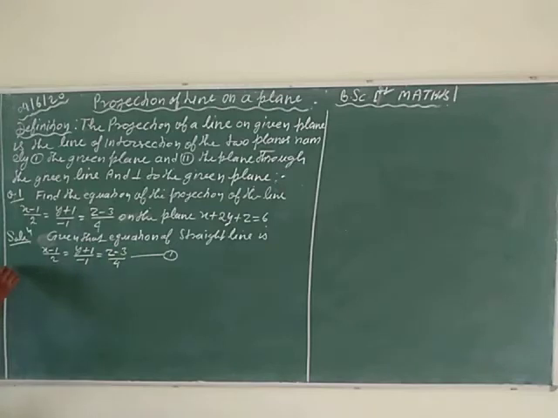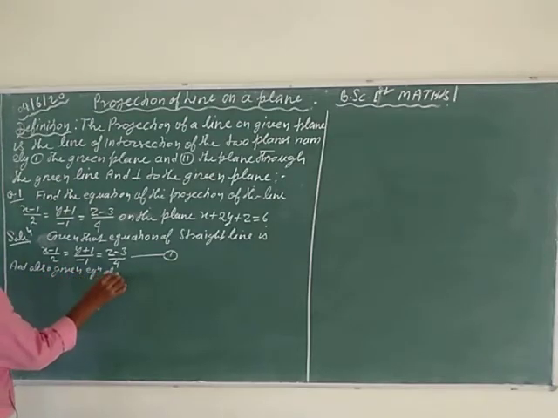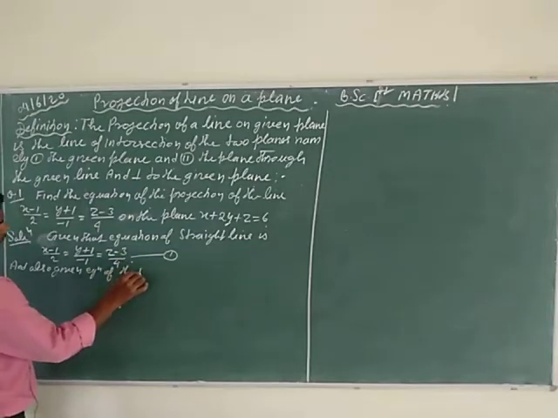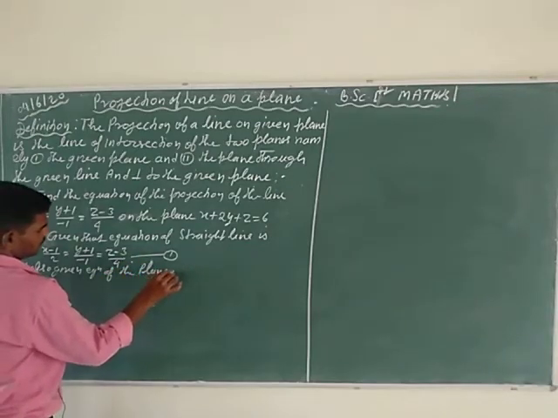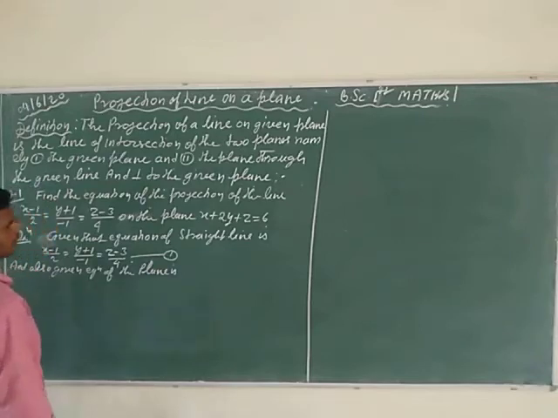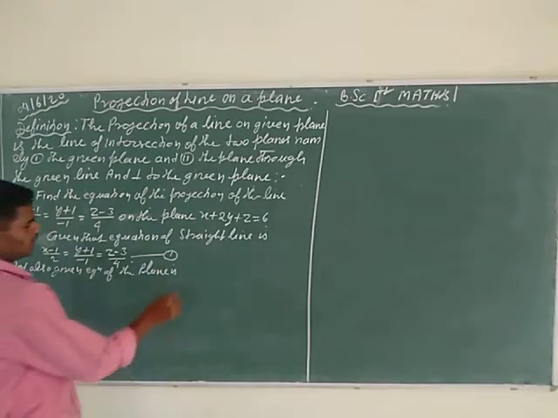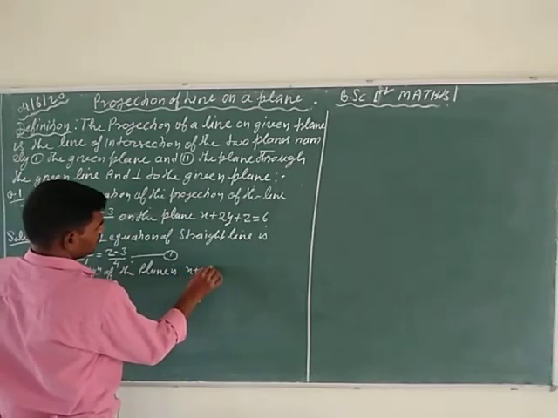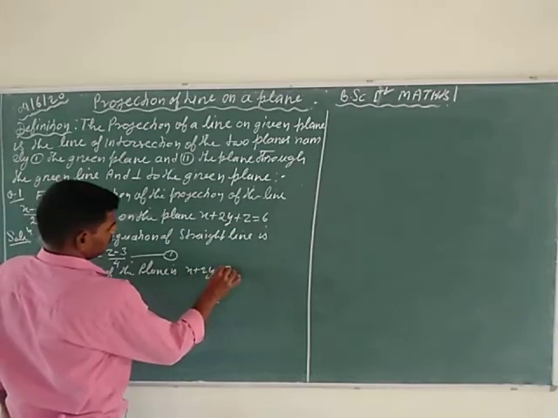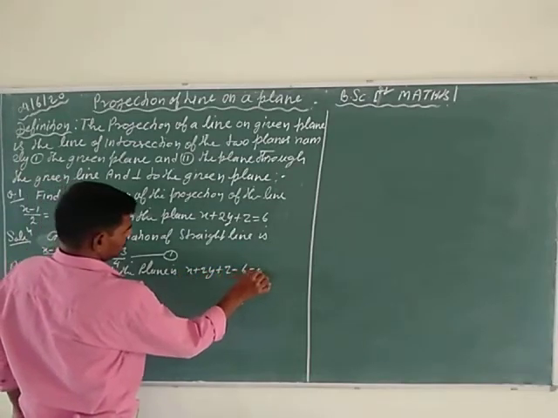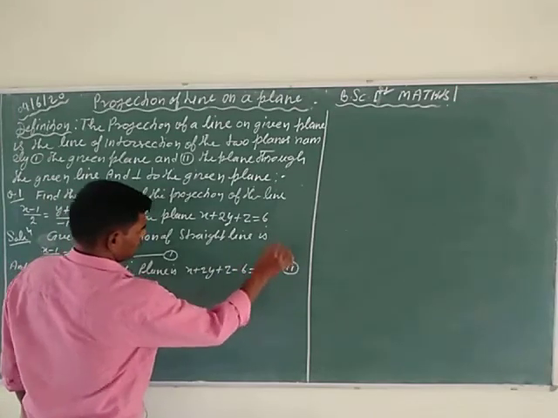and it is also given the equation of the plane. Here in the question the given equation of the plane is x plus 2y plus z minus 6 is equal to 0, represented by the second equation.